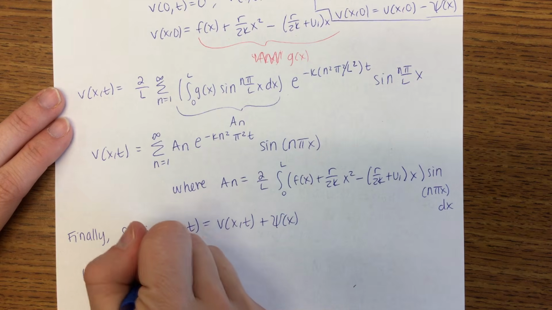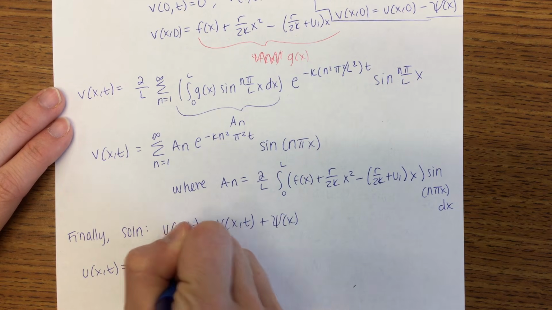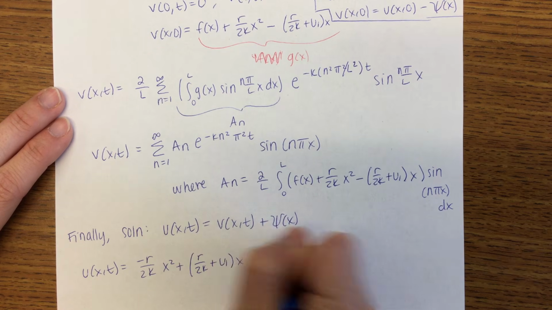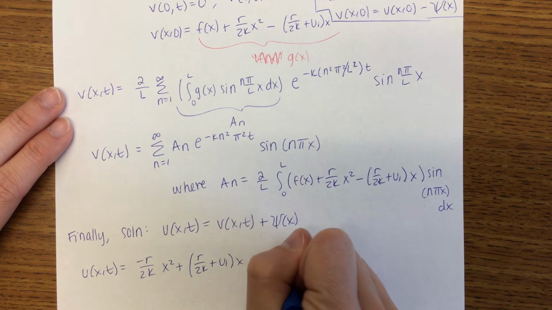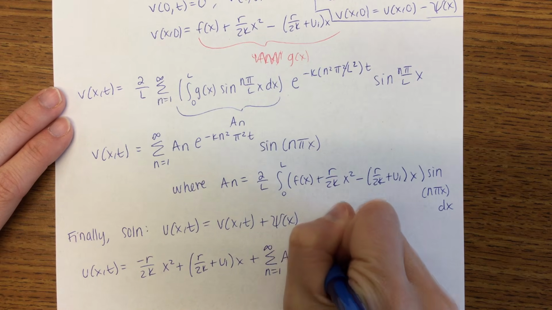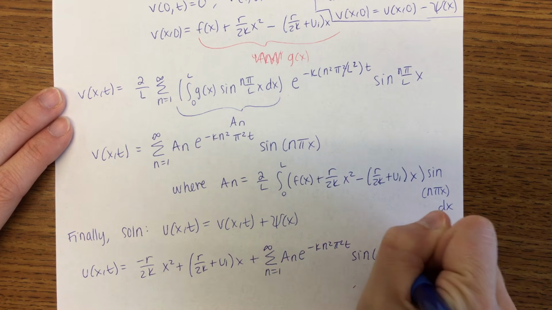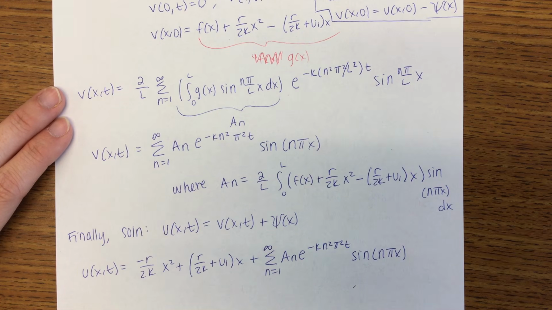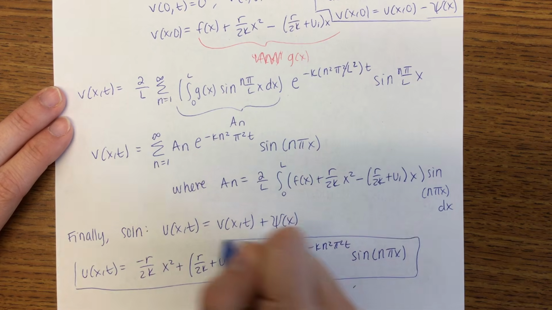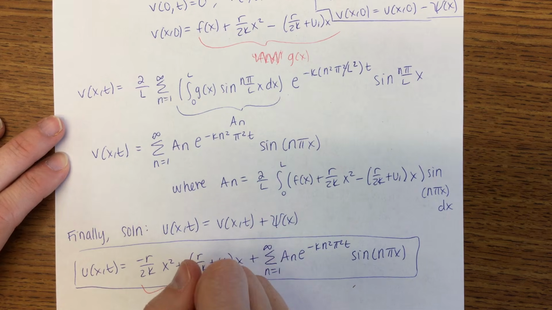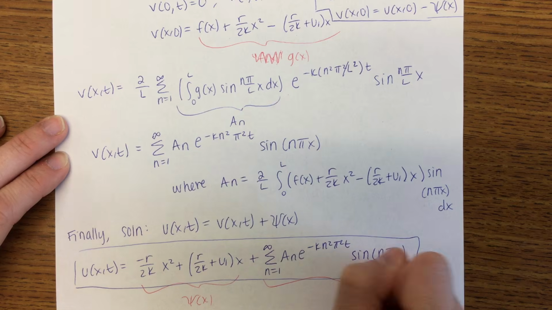So our solution will be negative r over 2k x squared plus r over 2k plus u1 times x, add the summation from n equals 1 to infinity of a of n e to the negative k n squared pi squared t sine of n pi x, where a of n is what we said above. So this is that psi of x, this is the v of x,t.